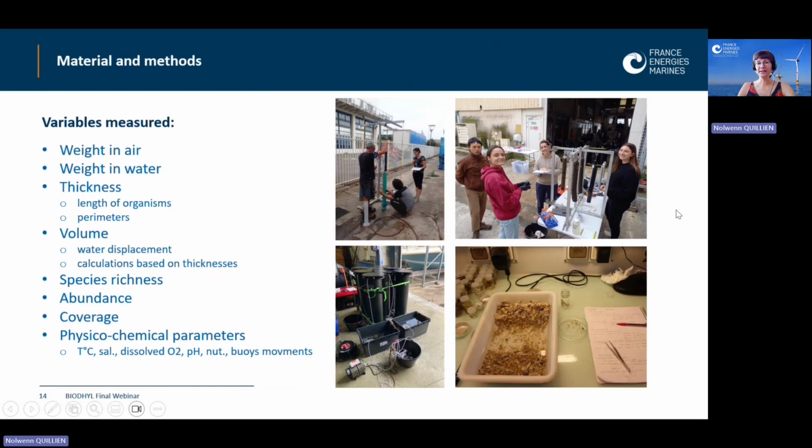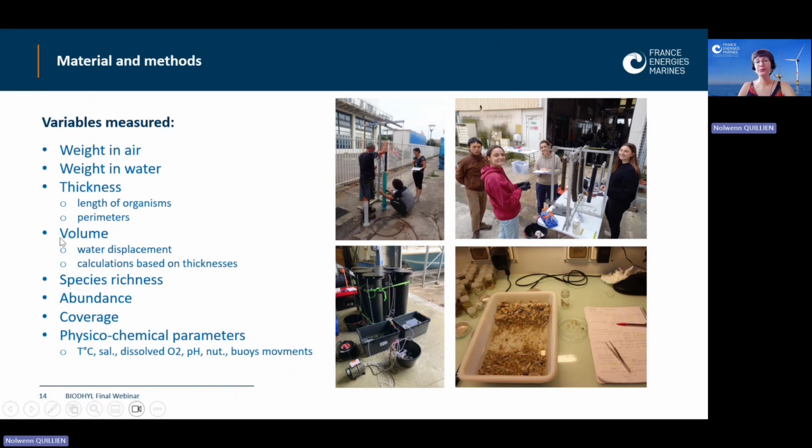So concretely, after retrieving the samples, we measured the weight of the biocolonization in air and in water using dynamometers. We also measured the thickness of the biofouling, so through the measurement of the length of organisms and also measuring the perimeters of the samples biocolonized.